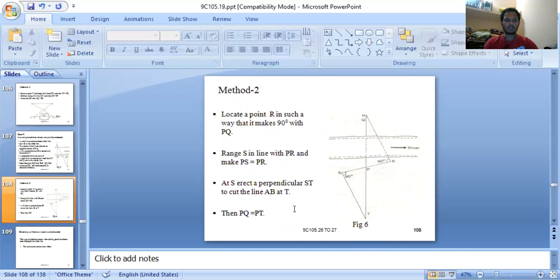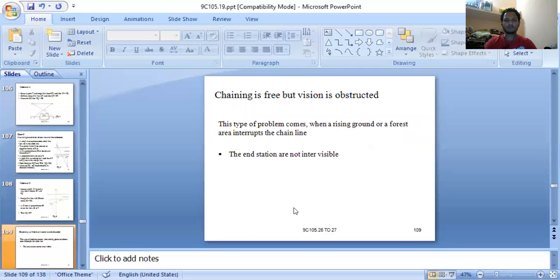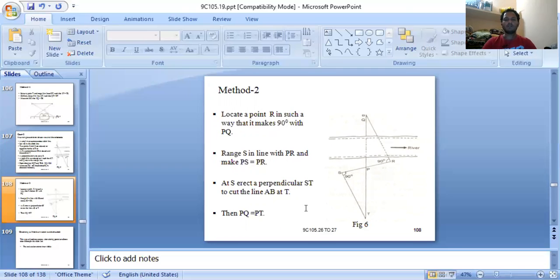By using the similar triangle property, we can directly say that the obstructed length PQ is equal to PT. We can measure PT directly. Therefore, the obstructed length PQ can also be calculated. In this way, we will calculate the obstructed length in the case of chaining obstructed and vision free.